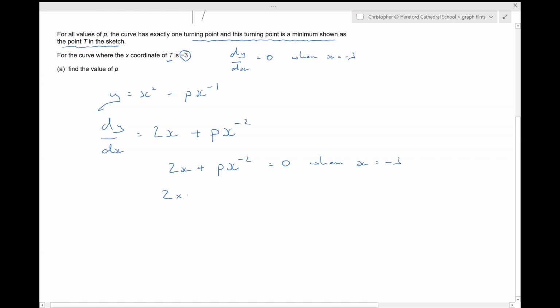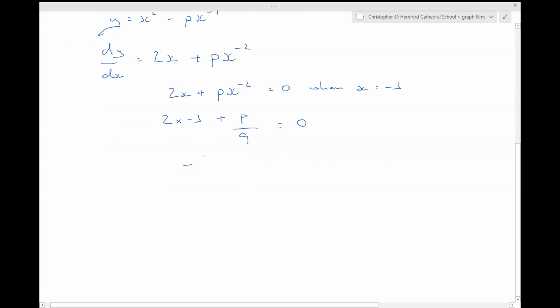So I'm going to have not 2 times x, but 2 times -3 plus p over, not x to the power of -2, but -3 to the power of -2, which is going to be p over 9 equals 0. So that's -6 plus p over 9 equals 0. So p over 9 equals 6. So p must be 54.